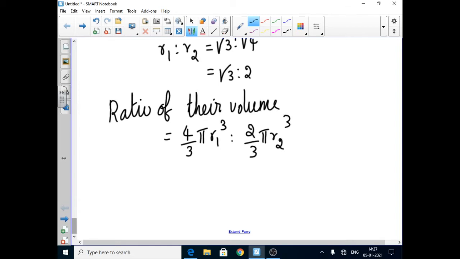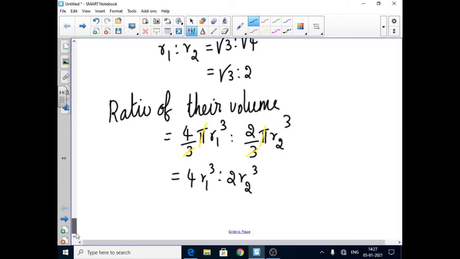So when total surface areas are equal, the ratio of radii is √3 is to 2. Here also the pi we can cancel, and 3 also we can cancel. So the remaining is 4 r1 cube is to 2 r2 cube. r1 by r2 value is √3 is to 2.